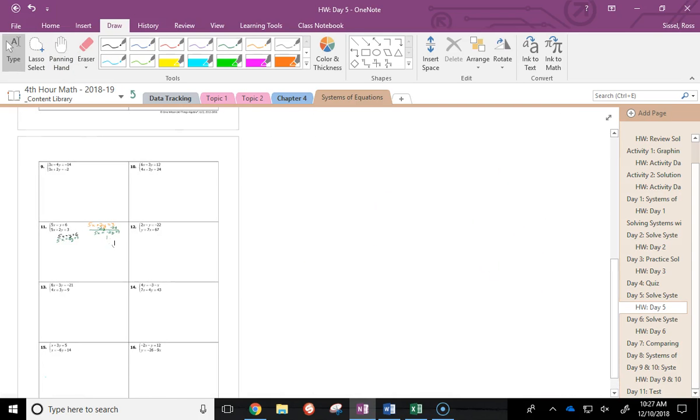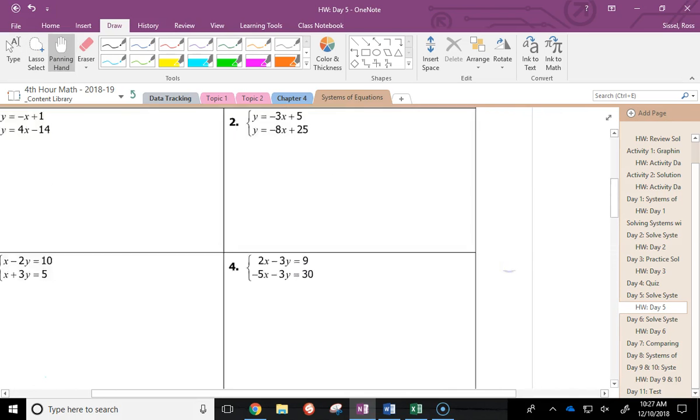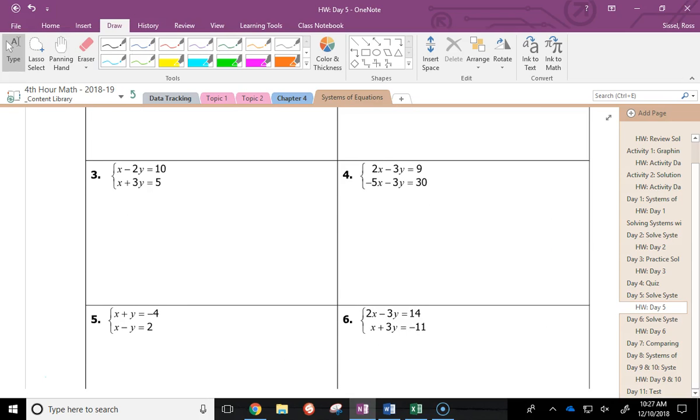So, your homework due for tomorrow. I'll give you this worksheet. All 16? No. Only the one that... Oh, you know what? It says it on the board. I was going to make it 1 through 10.